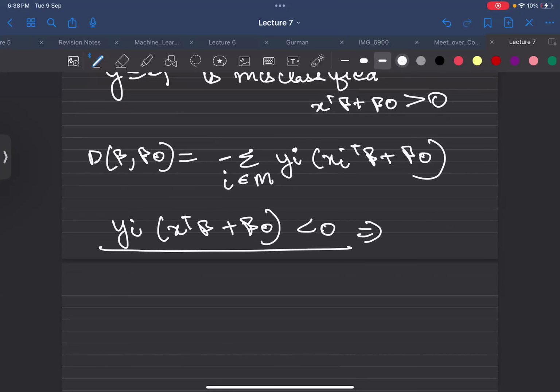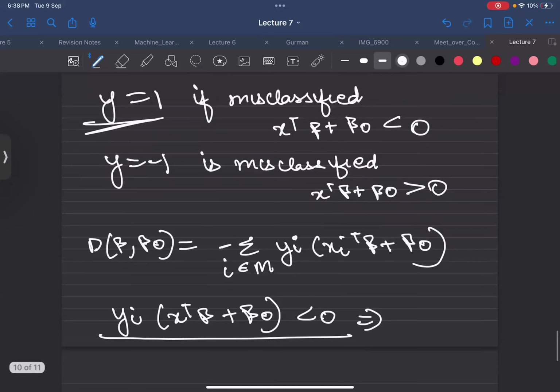Is it misclassified or correctly classified? If I'm writing y into x transpose beta plus beta naught, it's misclassified. How? Okay, you're correct. It is misclassified because the left hand side is positive, but it's less than 0.